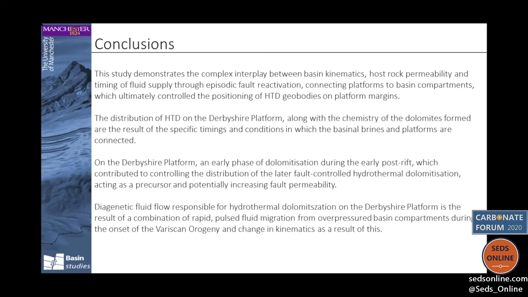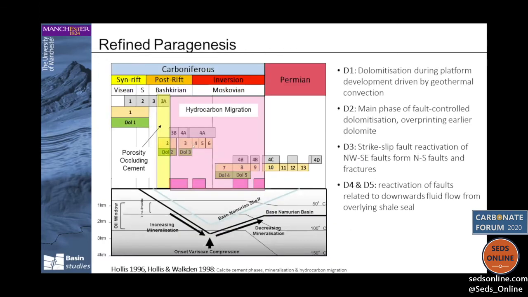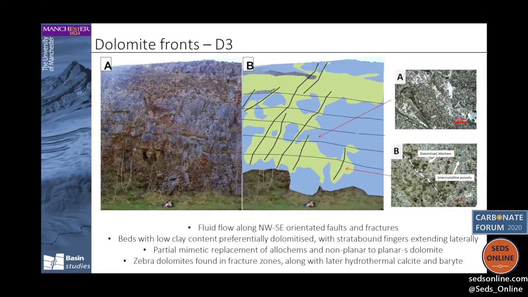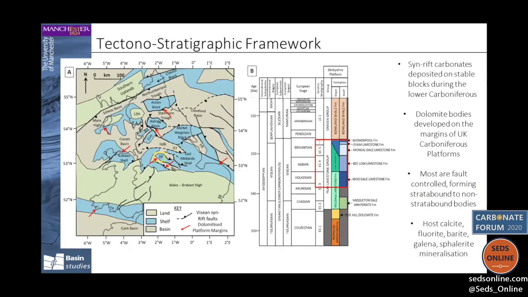We also have underlying evaporites as well, which may have contributed to this. Part of the Derbyshire platform that we're looking at, just below the platform, the Bowland Gulf, is a relatively restricted basin, so it is possible that there could have been some slight restriction of this basin and an increase in the salinity.